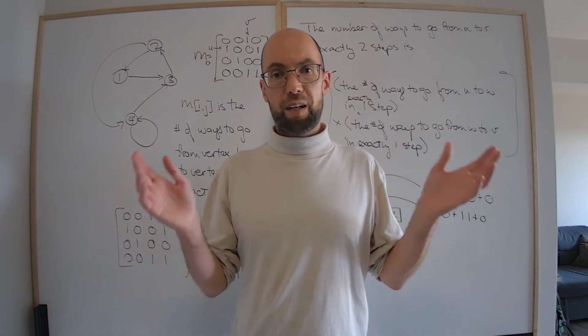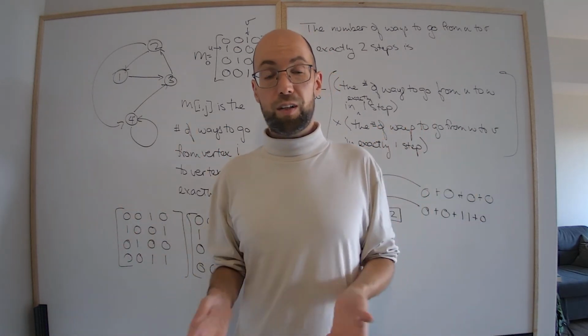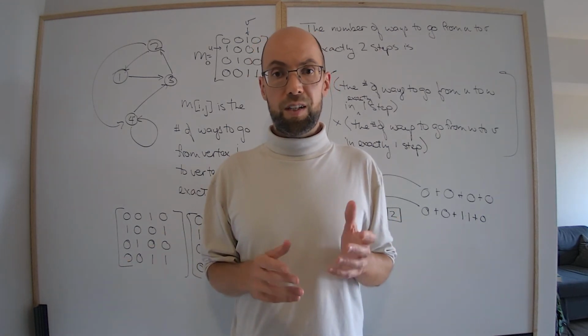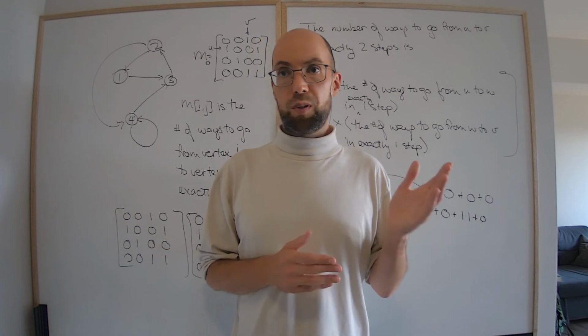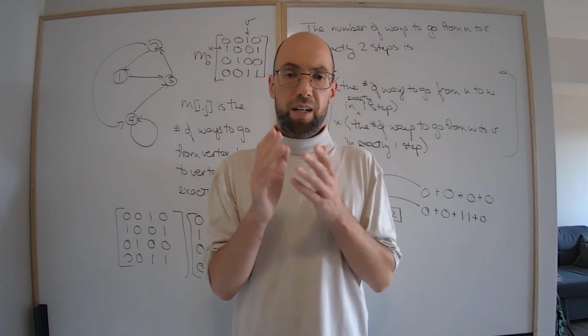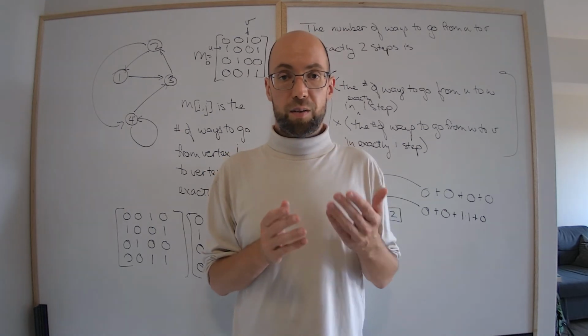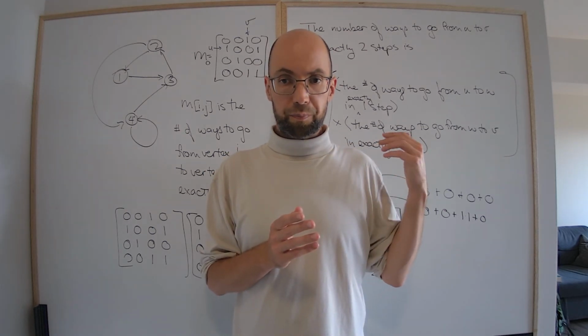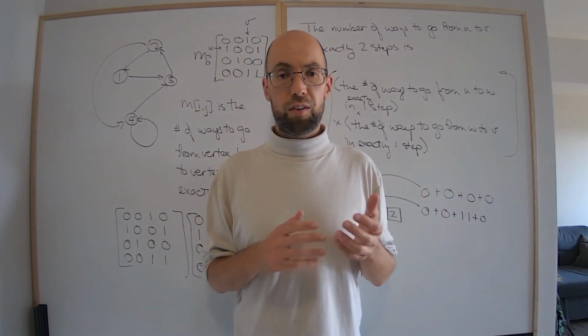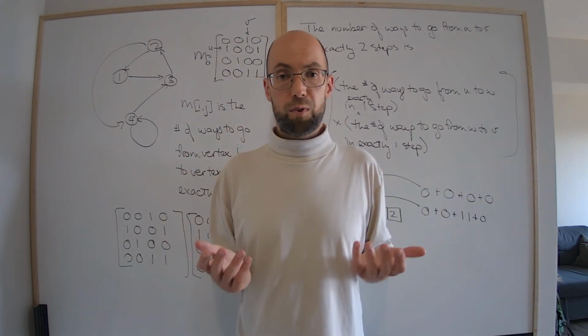Then you square M1 and you get M2, and you square M2 and you get M3. And M3, in the ith row and the jth column, is the number of ways to go from the ith vertex to the jth vertex using exactly 2 to the 3 steps, which is 8.